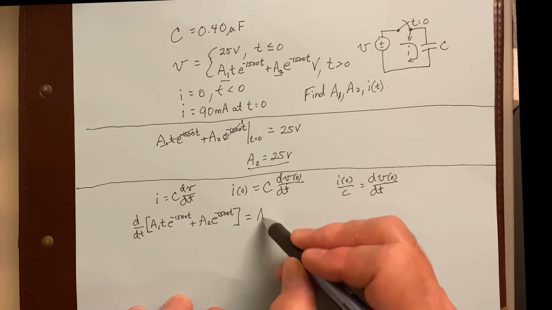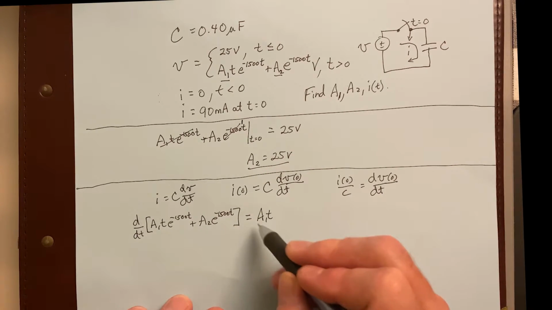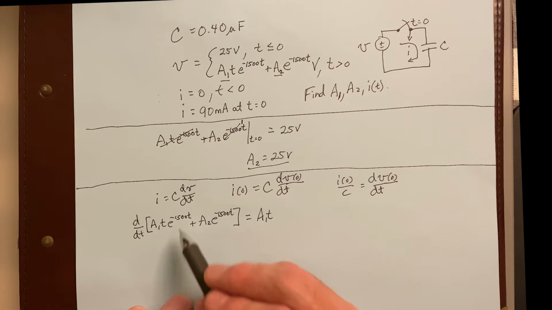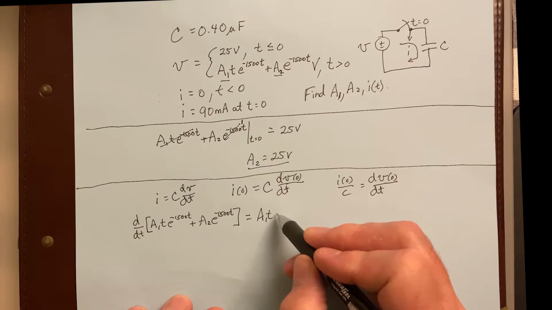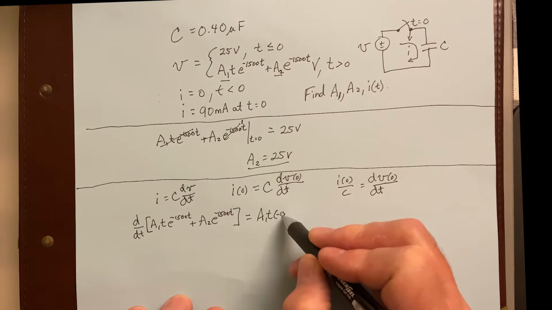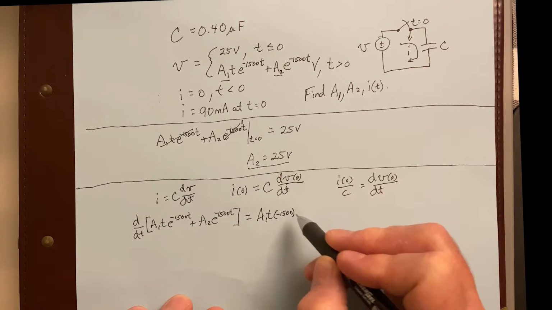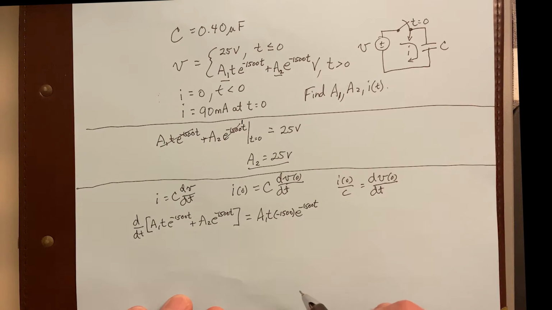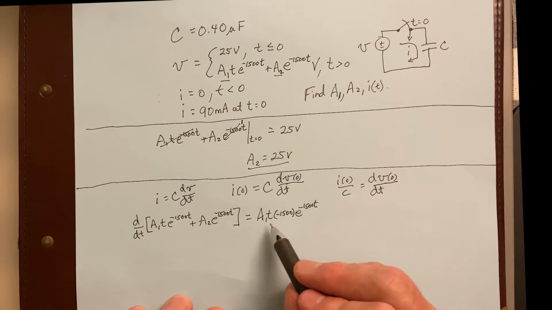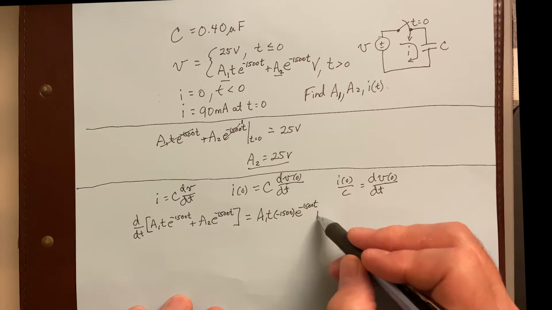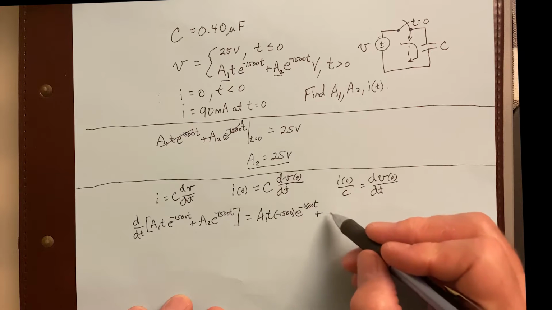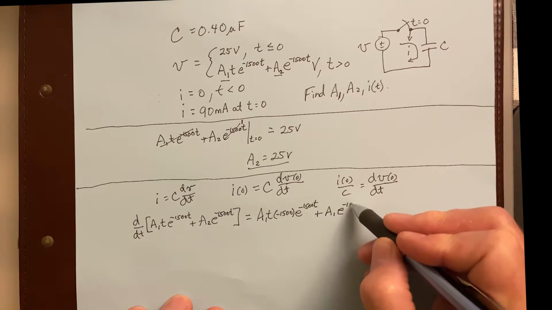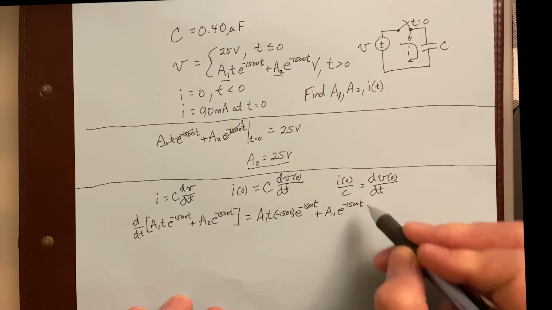It's going to be the first, let's call A1t the first, times the derivative of the second. The second is e to the negative 1500t, so the derivative of that is negative 1500 e to the negative 1500t. That's the first times the derivative of the second, plus the second times the derivative of the first. The derivative of the first is just A1, times e to the negative 1500t.